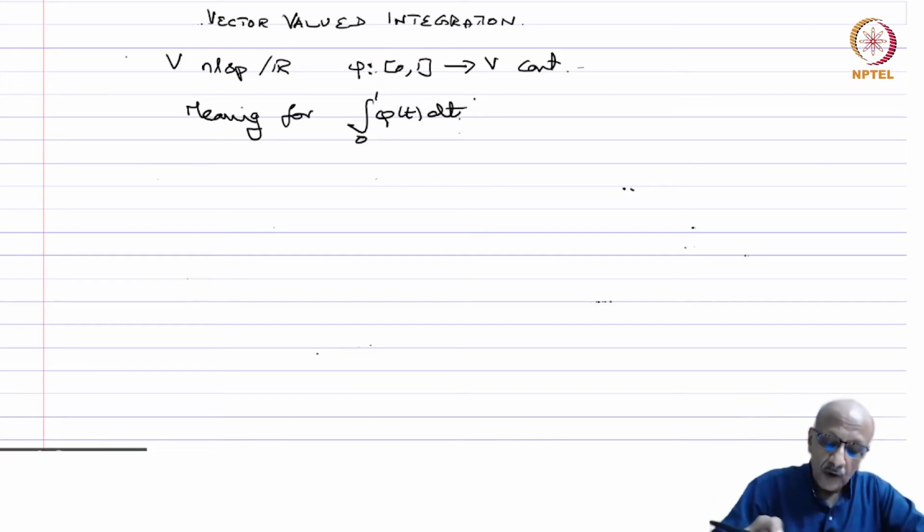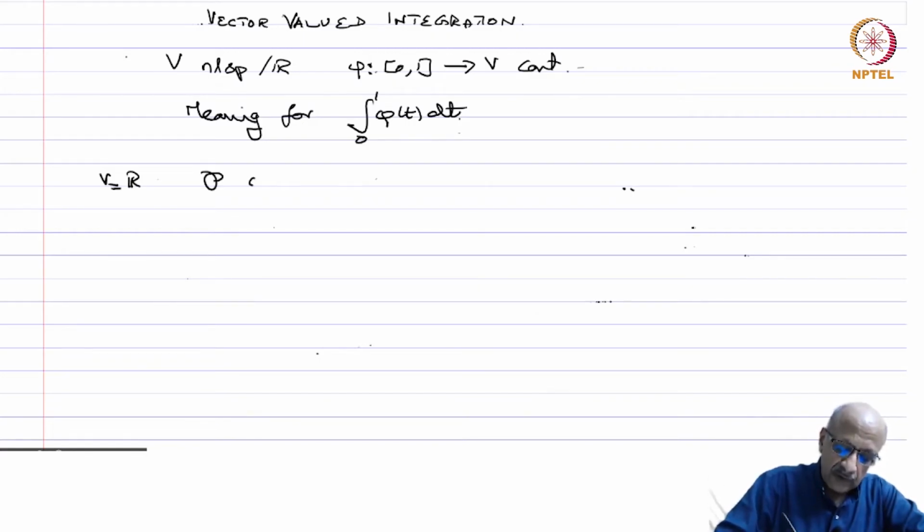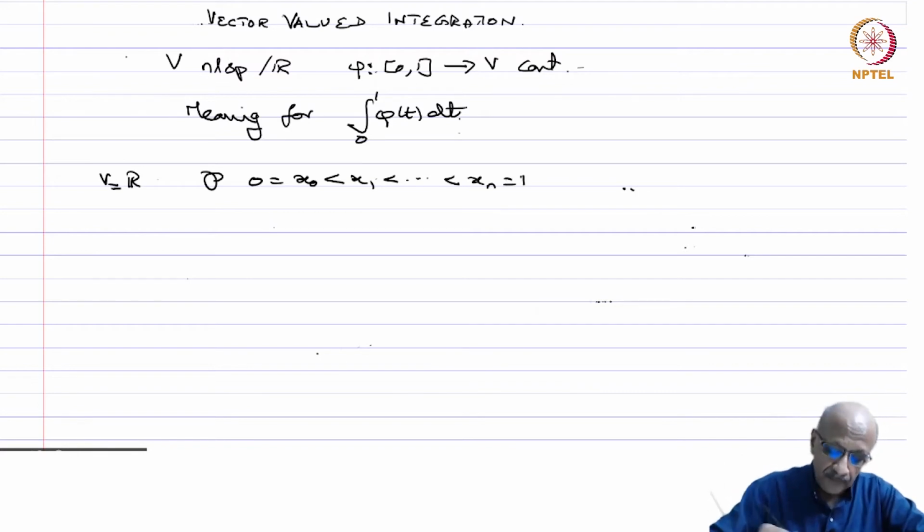Okay, so what do you do if V equals R, for instance? You would have taken a partition P of the interval [0, 1]. So this will be 0 equals x naught less than x1 etc. less than xn equal to 1.